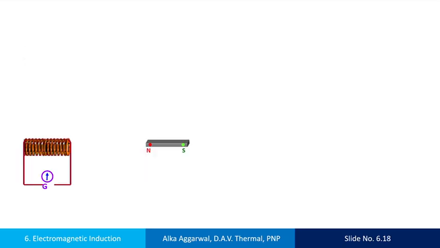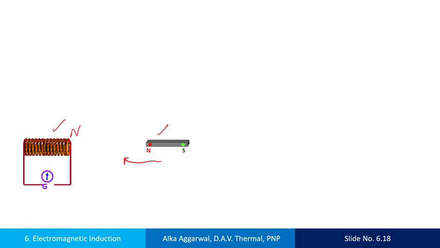Now let us understand what is meant by Lenz's law. It is a coil and it is the magnet. When we move the magnet towards the coil, that is, we are moving the north pole of the magnet towards the coil, then the polarity in the coil develops in such a way that it opposes the motion of the magnet towards itself, and it is possible only when the north pole develops at this end.